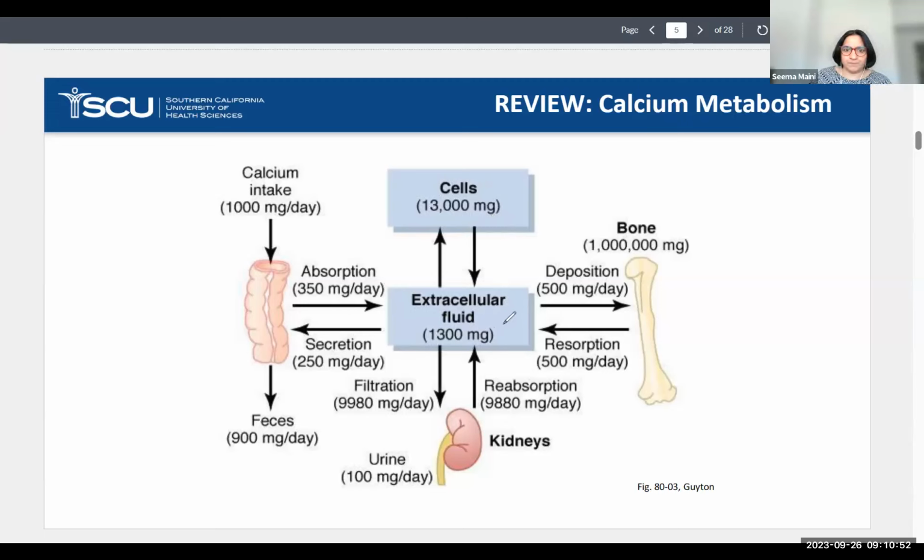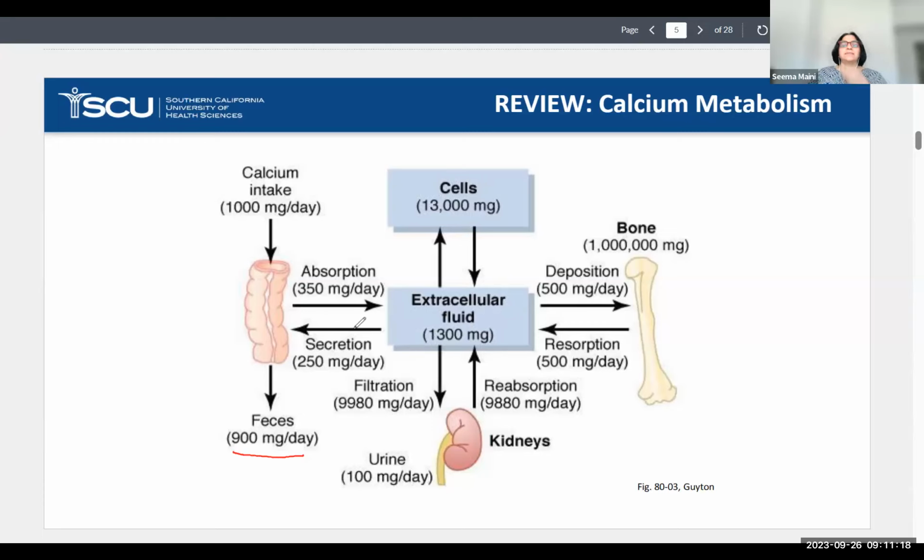extracellular fluid. Then on a standard diet, we take around 1,000 milligram of calcium ions per day, out of which 900 milligram is removed in the feces, and 100 milligram is overall absorbed. So 350 milligram is absorbed and 250 milligram is secreted.